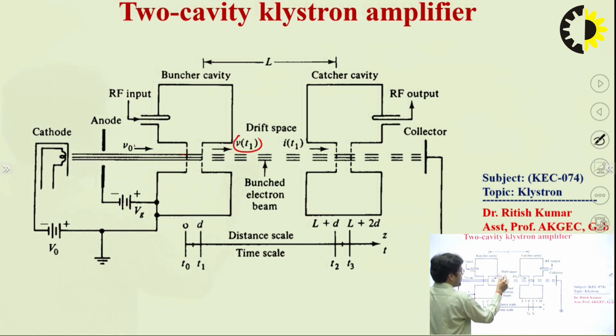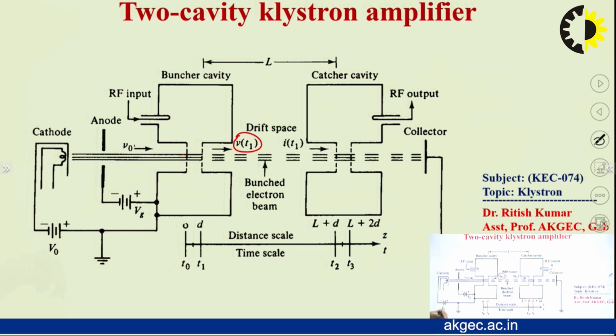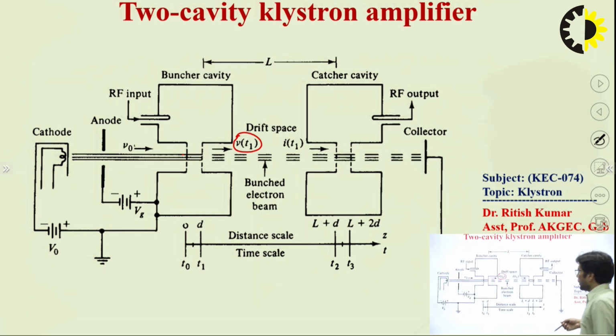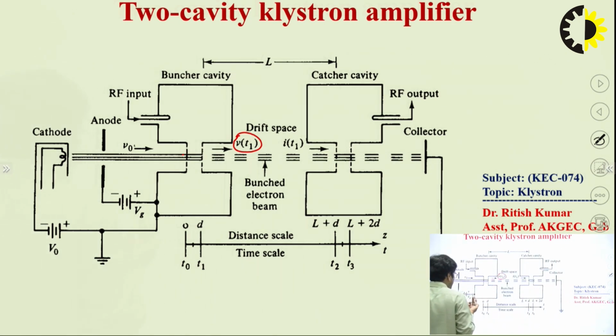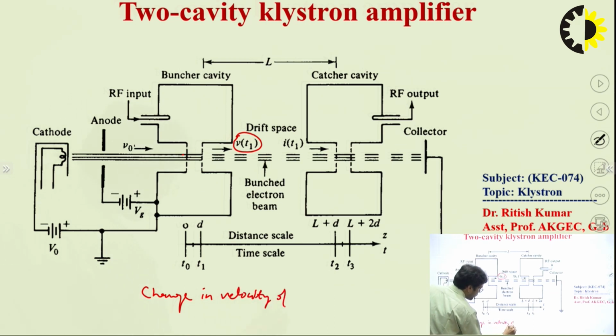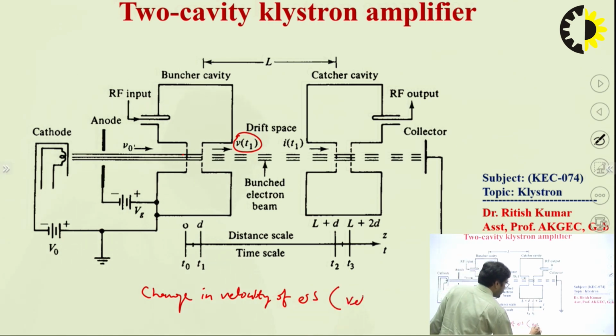This velocity is changed. Due to the presence of this RF input signal, the velocity changes from V0 to Vt1. So we can say velocity modulation happens due to the presence of this buncher cavity. Velocity modulation means the change in the velocity of electrons. So this is called velocity modulation.